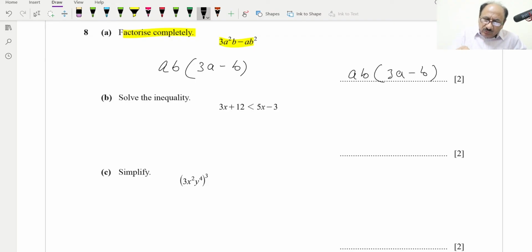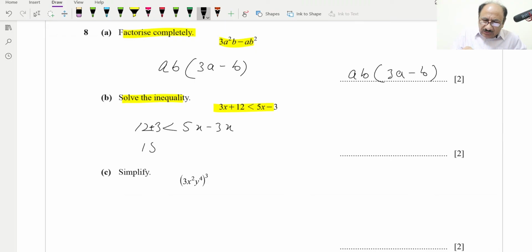And this one we have to solve the inequality, and this is the inequality provided. We can shift 3x to the other side, so 12 is less than 5x minus 3x, and this 3 we can shift to the other side, so this will be plus 3.